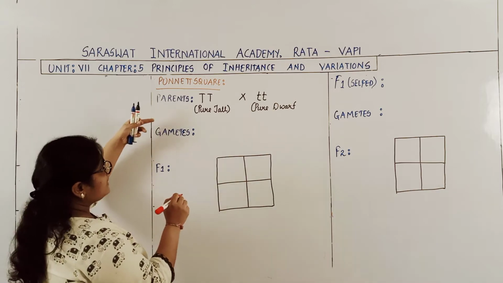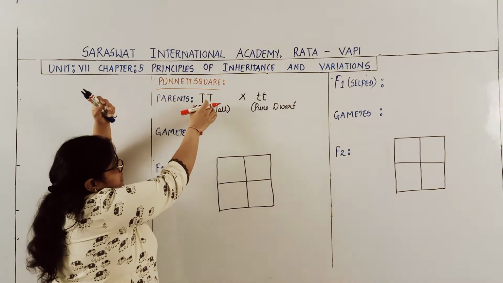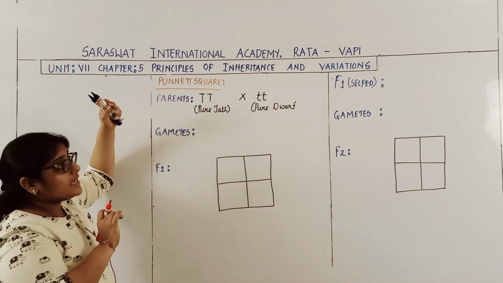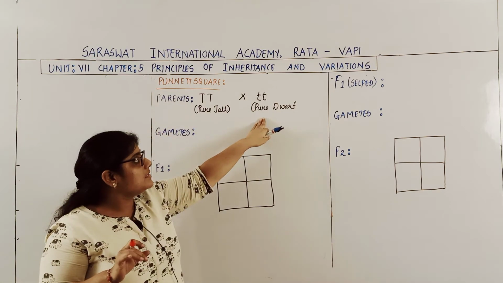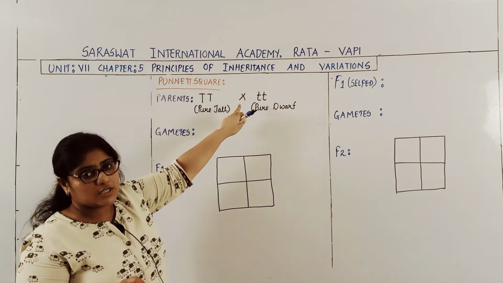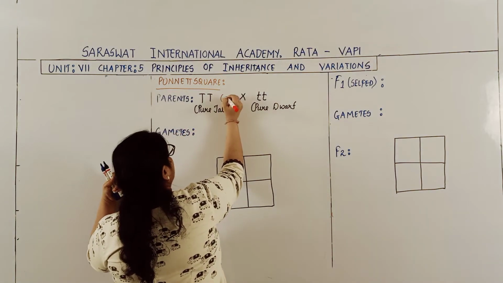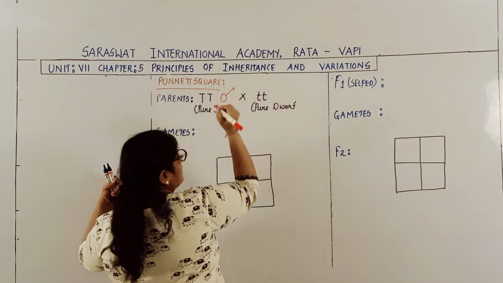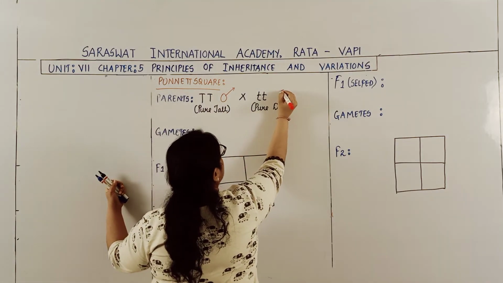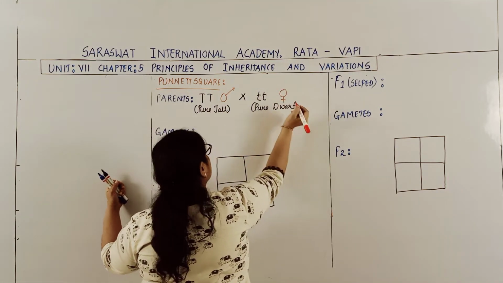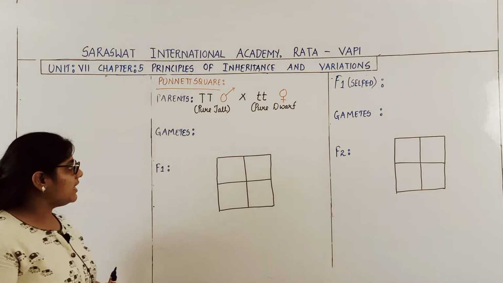So, parents are pure tall, whose genotype is capital T capital T, and another parent is pure dwarf, whose genotype is small t small t. This, say for example, I consider as a male parent, and this I consider as a female parent, right?